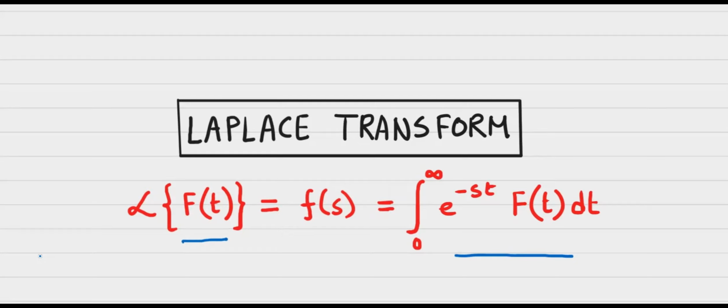However, it might be the case that the suppression by e to the power negative st is not as strong as f of t, in which case there might not be a Laplace transformation at all. So the Laplace transformation is not always guaranteed. So let us look at the cases which give us the sufficient condition for the existence of Laplace transform, under which condition they might be violated, and then what can we expect.